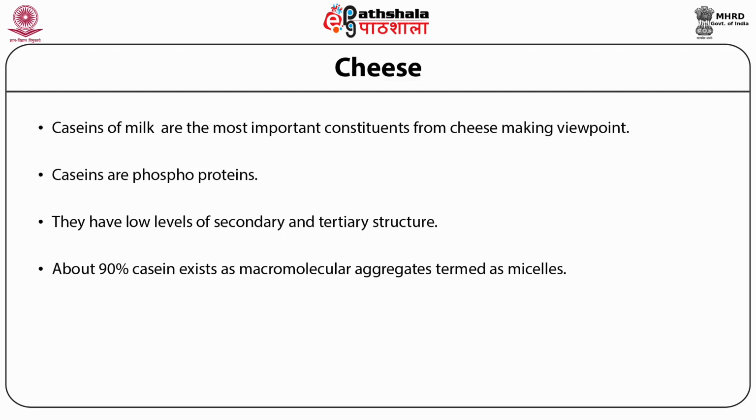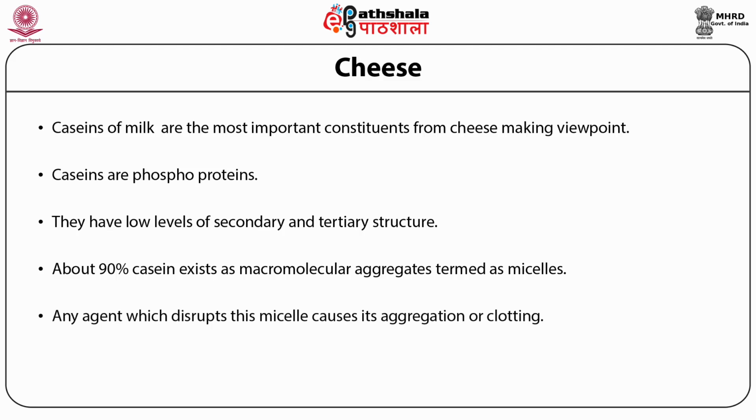This macromolecule is an aggregate of calcium and casein, and it is termed a micelle. Any agent which disrupts this micelle can cause aggregation or clotting of milk.